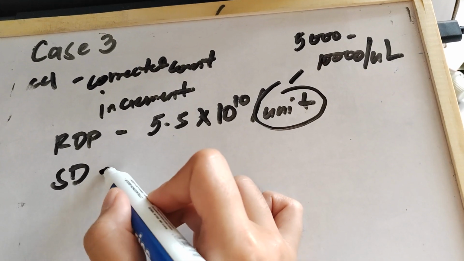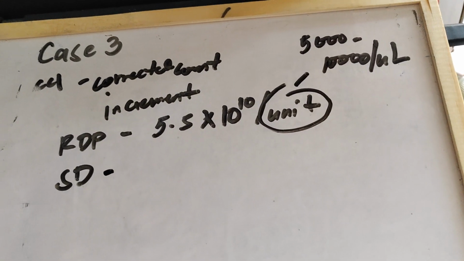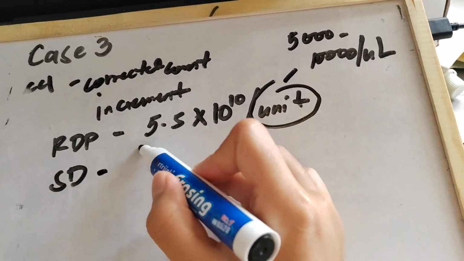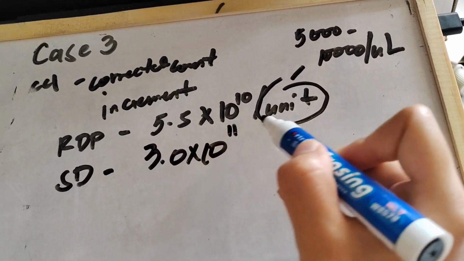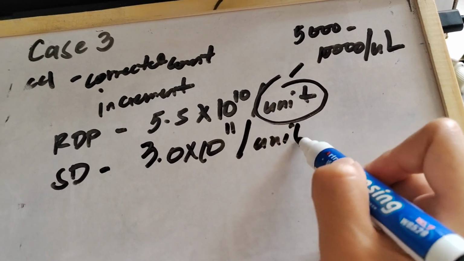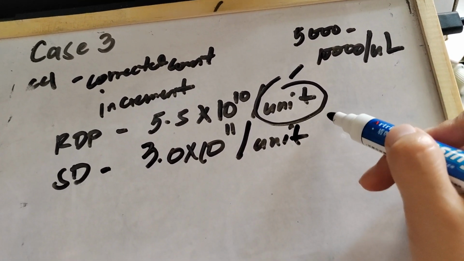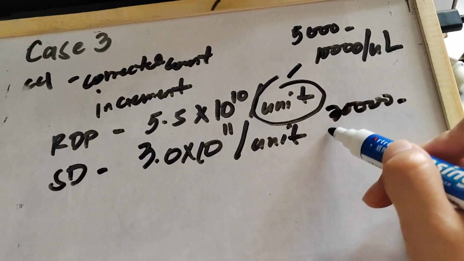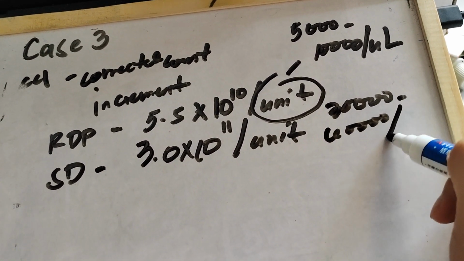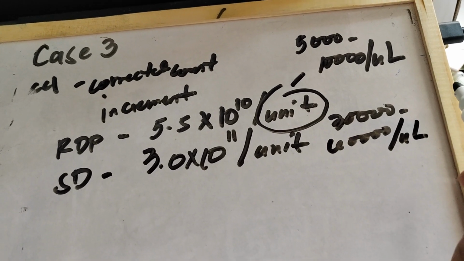For single donor, it adds up to approximately 3.0 times 10 raised to 11 per unit, provided this unit has approximately 30,000 to 60,000 platelets per UL.